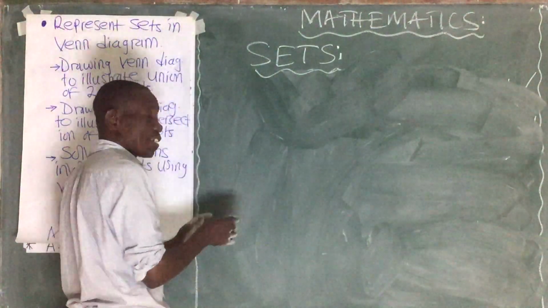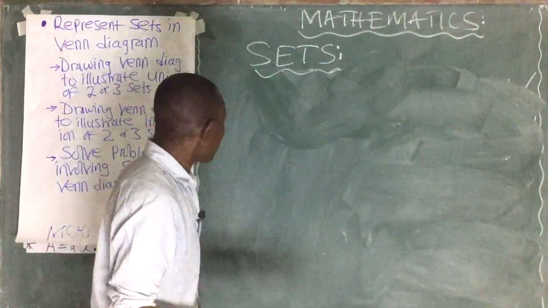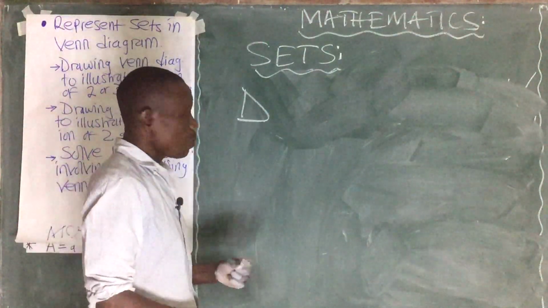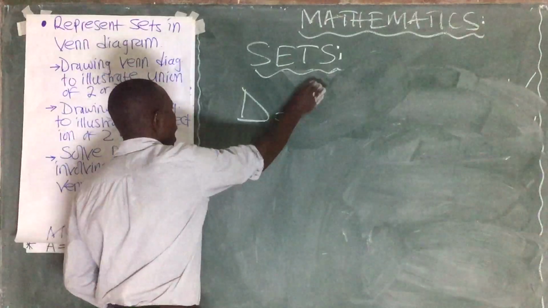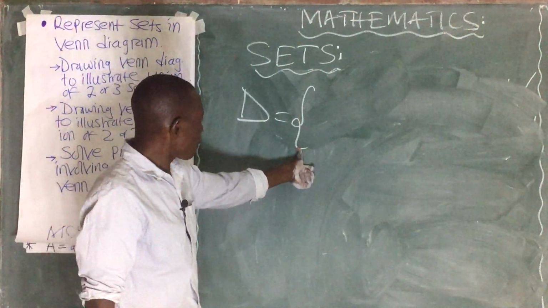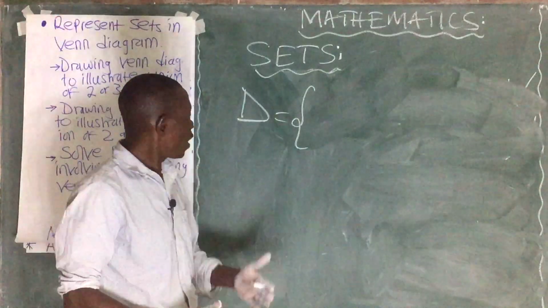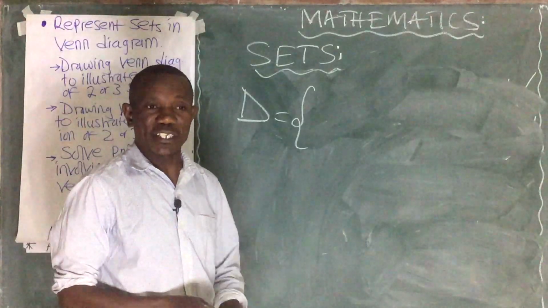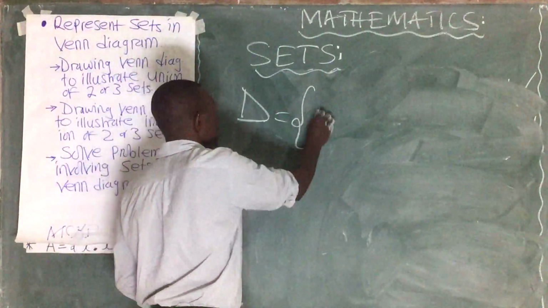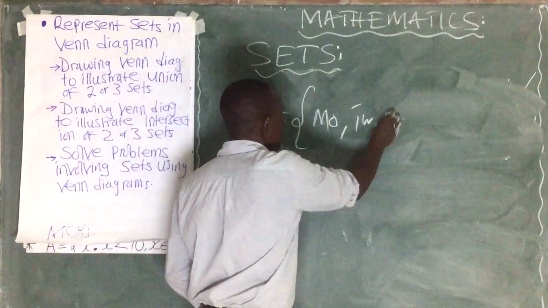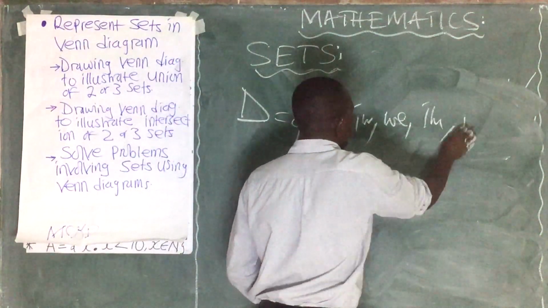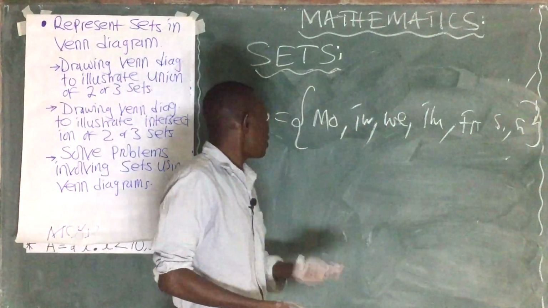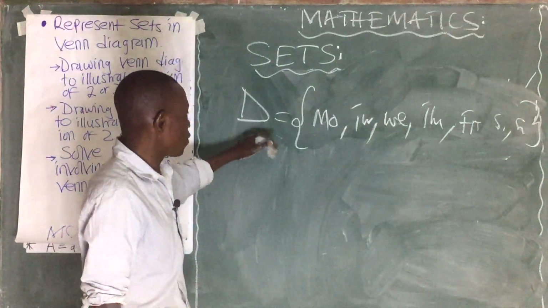We can represent that set by a particular letter, for example, D. If I'm going to list the elements of set D, I'll open up a curly bracket like this, then write all the names of the days of the week: Monday, Tuesday, Wednesday, Thursday, Friday, Saturday, then Sunday.